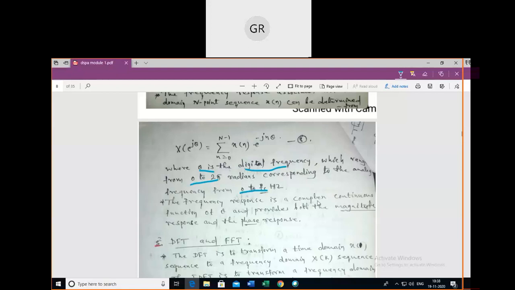The frequency response is a complex continuous function of theta and provides both the magnitude response and the phase response.